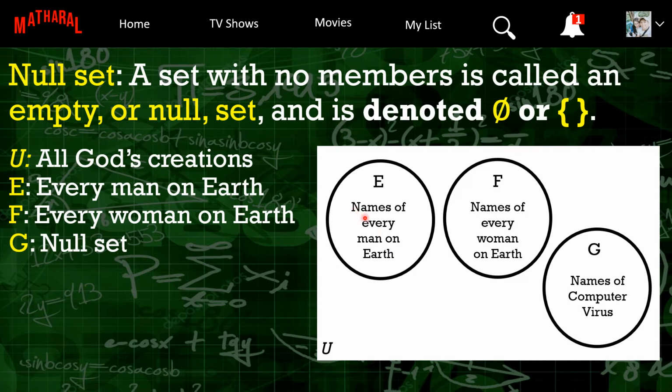That given a name by your parent, which is sila ay talagang nilikha ng Panginoon na gaya mo rin. Ayan. Kaya valid po siya dito. Set F, names of every woman on earth. Pareho po ng konseptong ginamit po doon sa set E. Binigyan ka ng pangalan, inaruga ka, ayan, binihisan, ayan po.